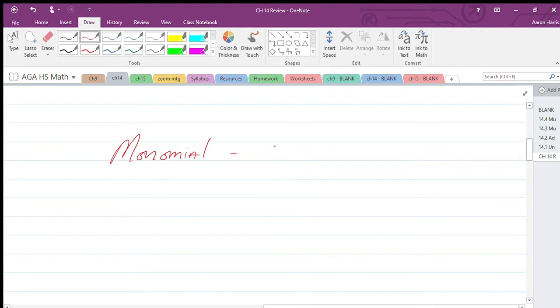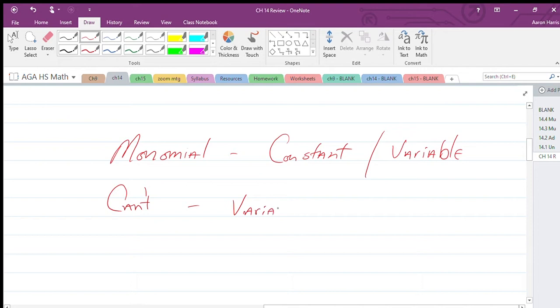But really, it just is a constant of some sort, and there could be a combination of a constant slash variable, okay? Doesn't have to be both. It could be one or the other, or a combination of the two, okay? But what can't it be? Okay. Well, we can't have what? Variables in the what? Denominator. In the denominator, okay?